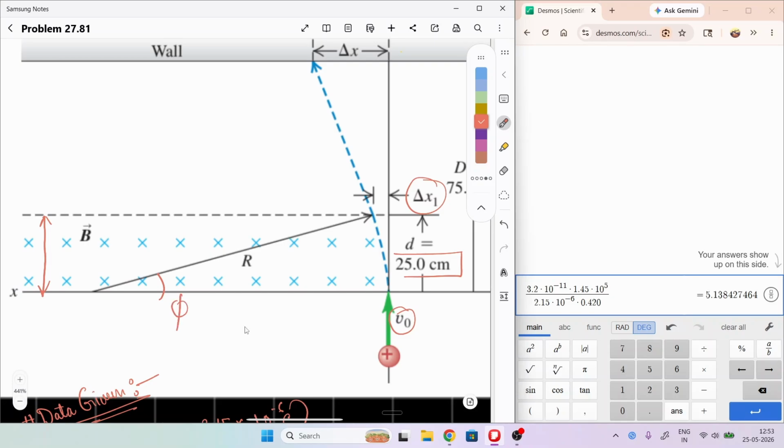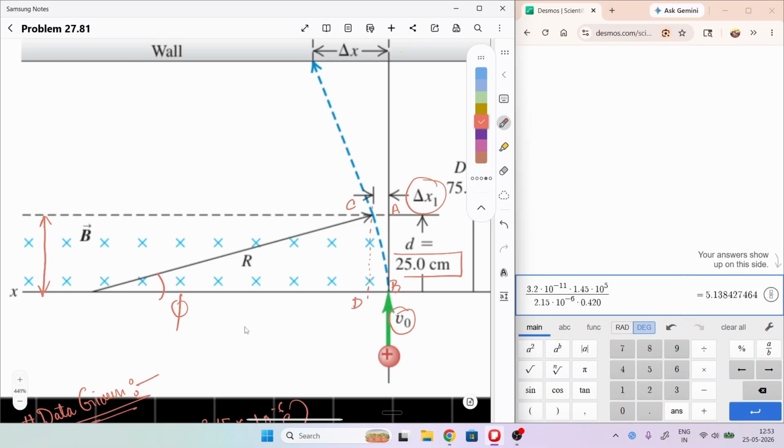So R is the radius of curvature, sorry, it's my spelling mistake. We can draw a perpendicular line parallel to this, let's say AB, and this is CD.